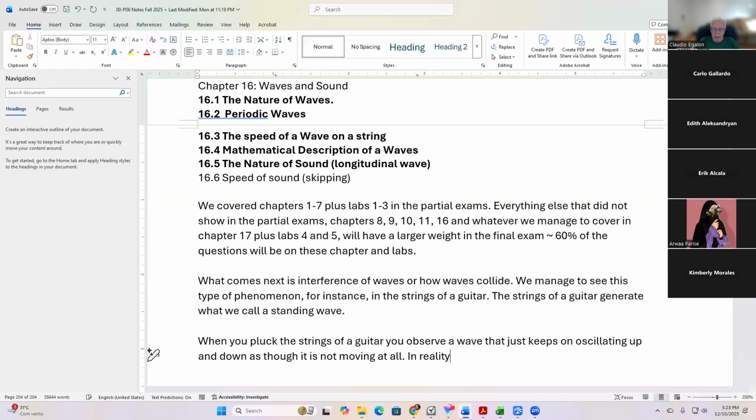In reality, we do have two waves that are moving. One in the forward direction, and the other along the backward direction.